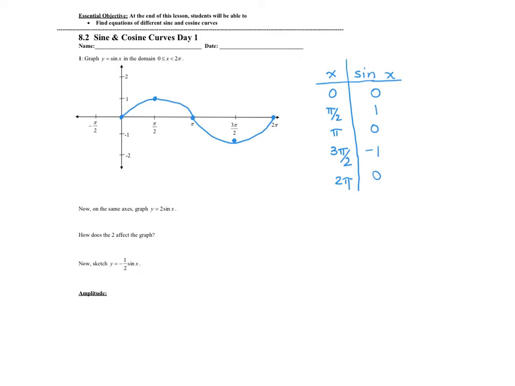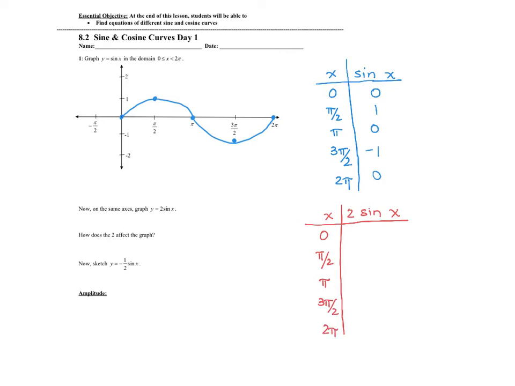If I want to see what happens to that graph when I change from y equals sine of x to y equals 2 sine of x, I'm just going to make another t-chart, again with those 5 critical points. So I'm going to go 0, pi over 2, pi, 3 pi over 2, and 2 pi.